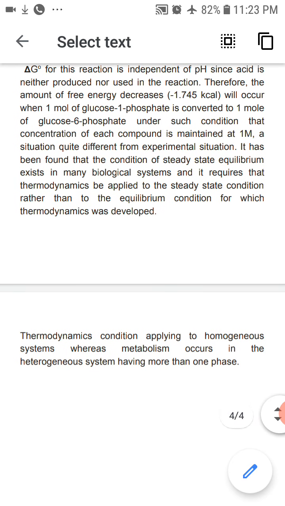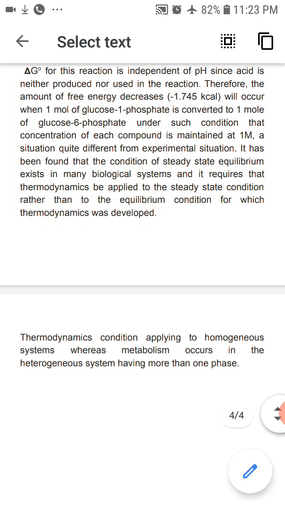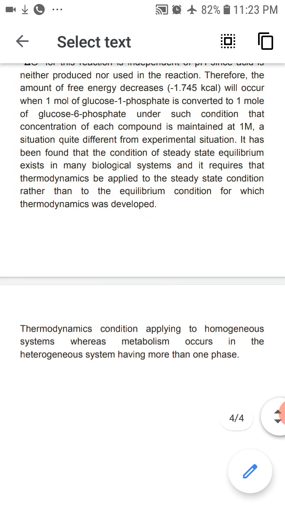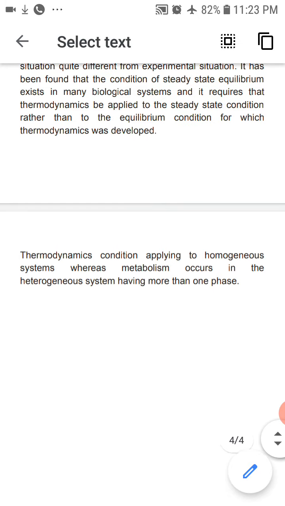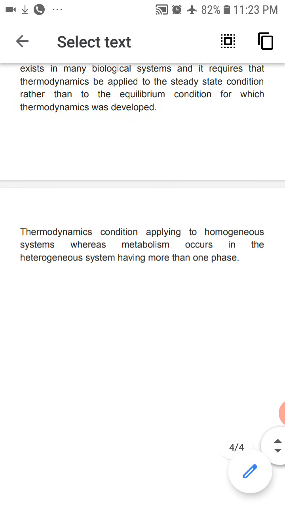Thermodynamics applies to homogeneous systems, whereas metabolism occurs in heterogeneous systems having more than one phase.